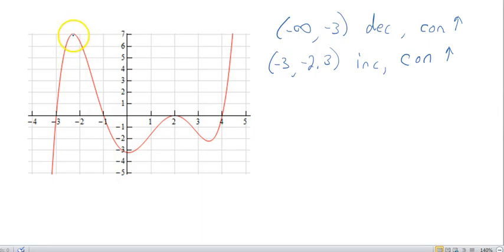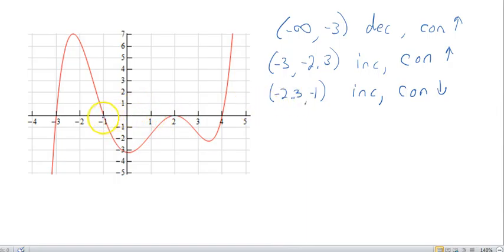From negative 2.3 to negative 1, we're still positive, therefore the original is increasing. The fact that this section of the graph is downhill for the derivative means that the original is concave down.